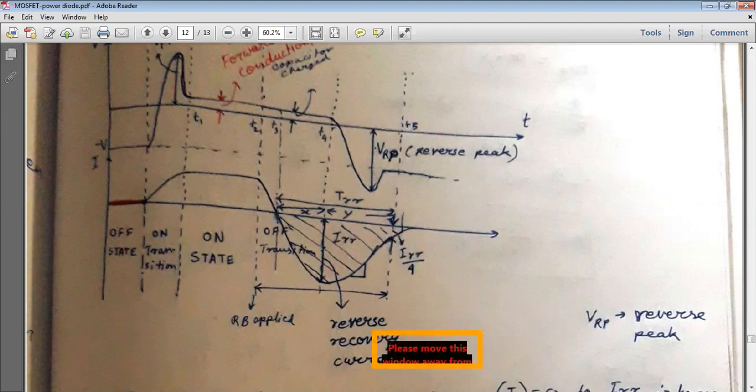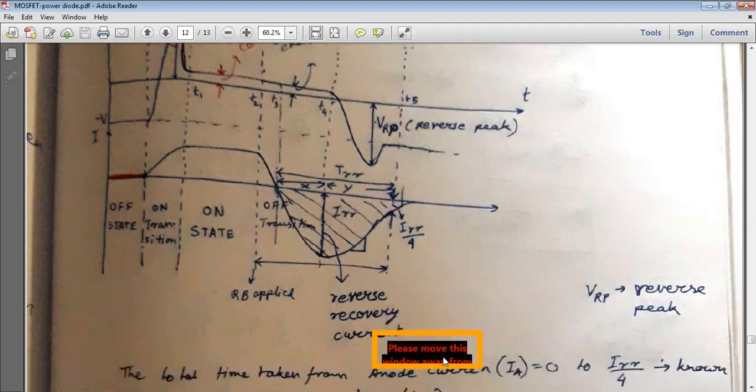This current value is known as IRR by 4. This is the portion where the current is minimum and after that it comes to 0. This is actually known as the recovery time or reverse recovery time.